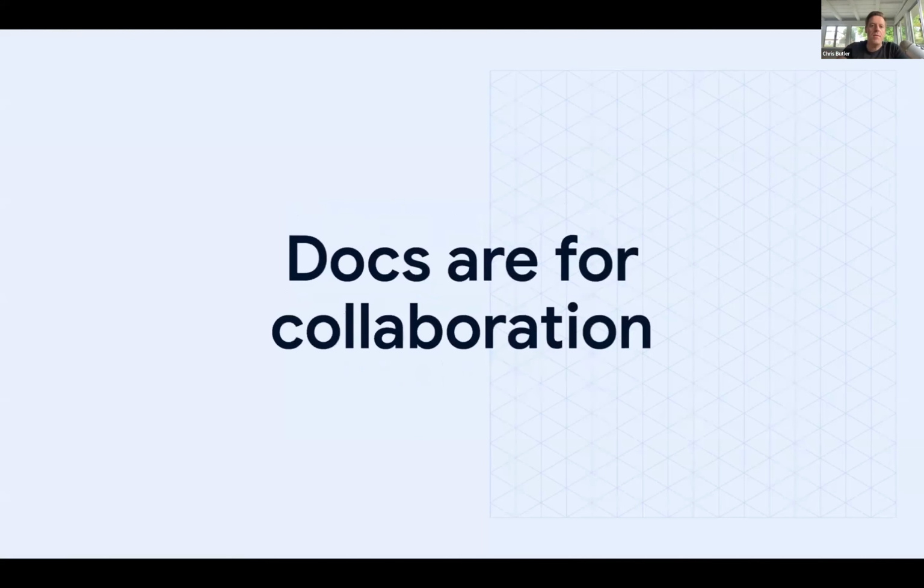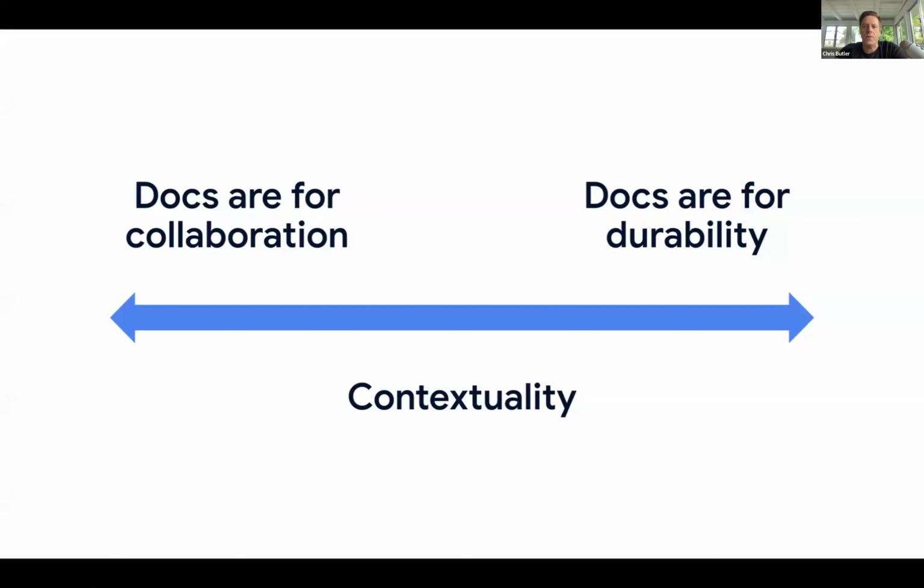But I think another one that we don't always think about is that docs are actually there also for collaboration, right? So we use documents to help us have better discussions in some ways. And I think the difference between these two different spectrums, and I'm going to be talking about spectrums from a cultural standpoint later, is this idea of contextuality for the document. So is this document here to really allow for collaboration, right?